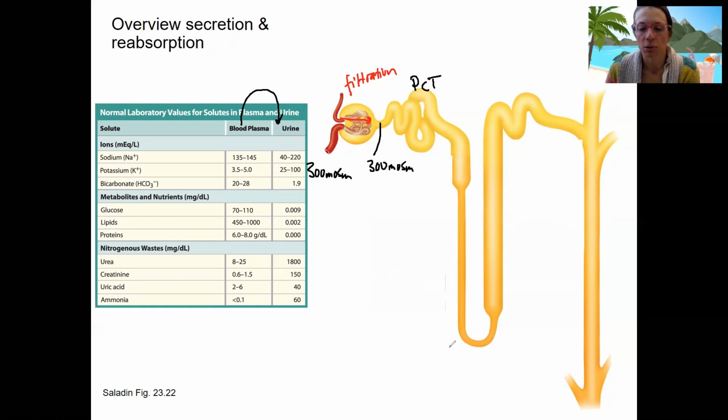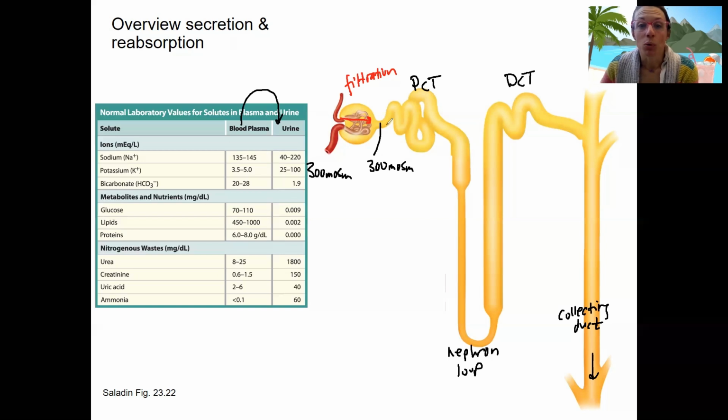That's going to change as we get down to our nephron loop, our distal convoluted tubule, and then our collecting duct. This is going to then enter our papillary duct, calyces, renal pelvis, and ultimately ureter.